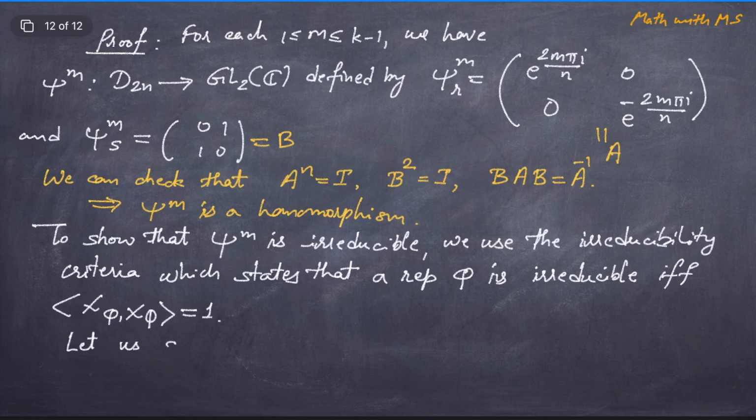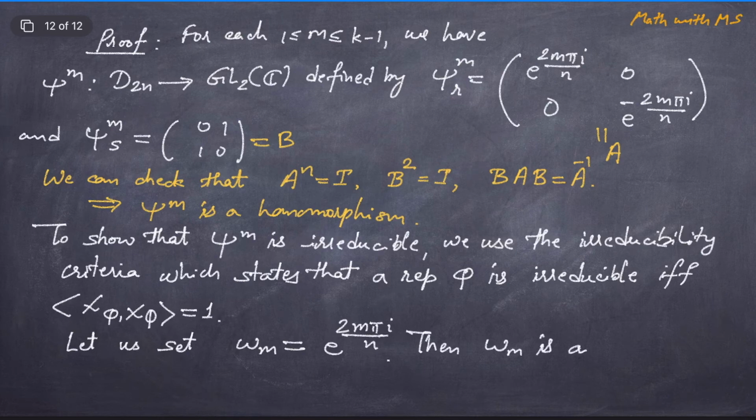Let us set omega m to be this complex number e to the power 2 m pi i by n. Omega m is an nth root of unity.